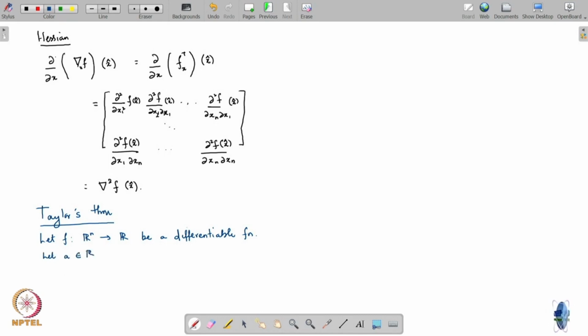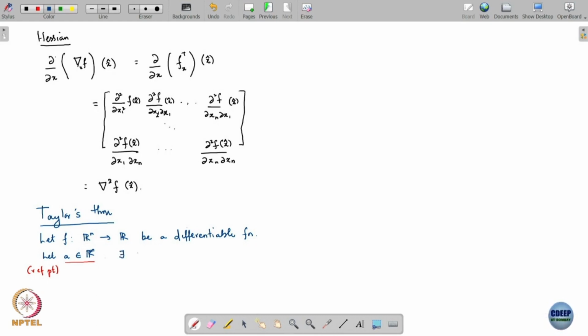Let a be a point in Rn. So this is my reference point. And what I want to know is how does the function behave at another point x.